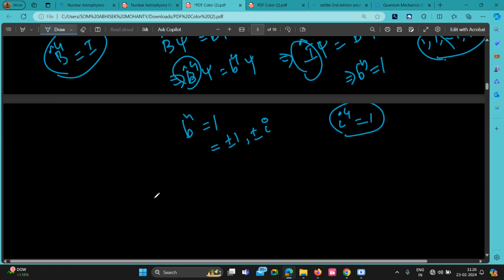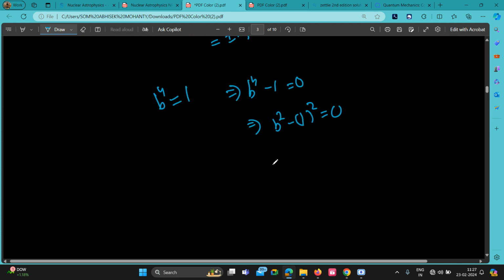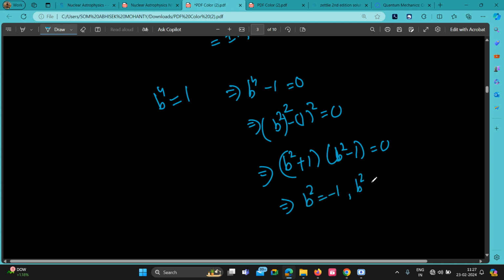Otherwise, we can solve it, no problem. B fourth is equal to 1. B fourth minus 1 is equal to 0. This can be written as B square squared minus 1 squared is equal to 0. So I can write it as a square minus b square, that is a plus b whole into a minus b, is equal to 0. So B square is equal to minus 1, and B square is equal to 1.